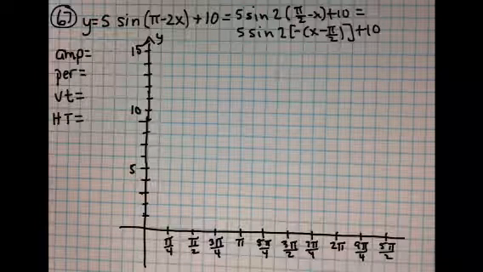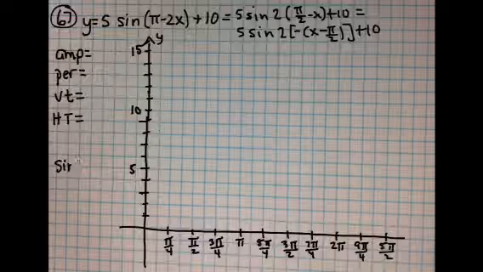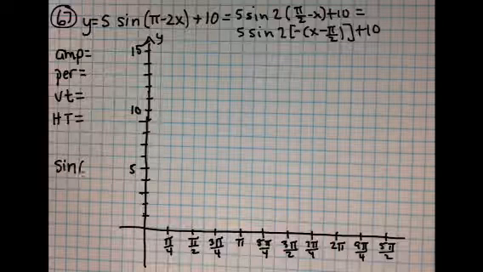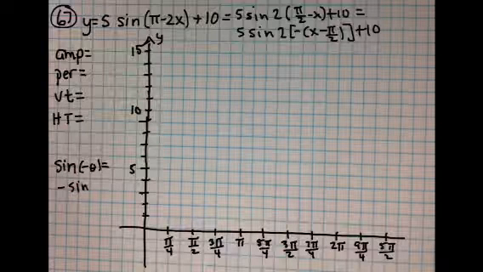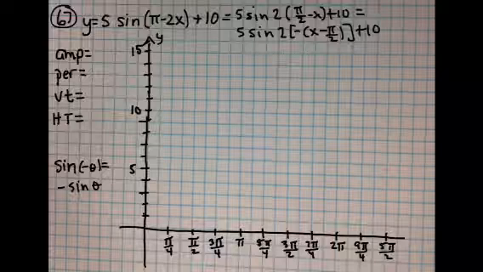I'll put it here on the bottom, and then I'll just remember that sine of negative theta equals negative sine of theta. Okay, so I'm going to use that here. This negative right here is going to come out to the front, because for sine that's what happens.